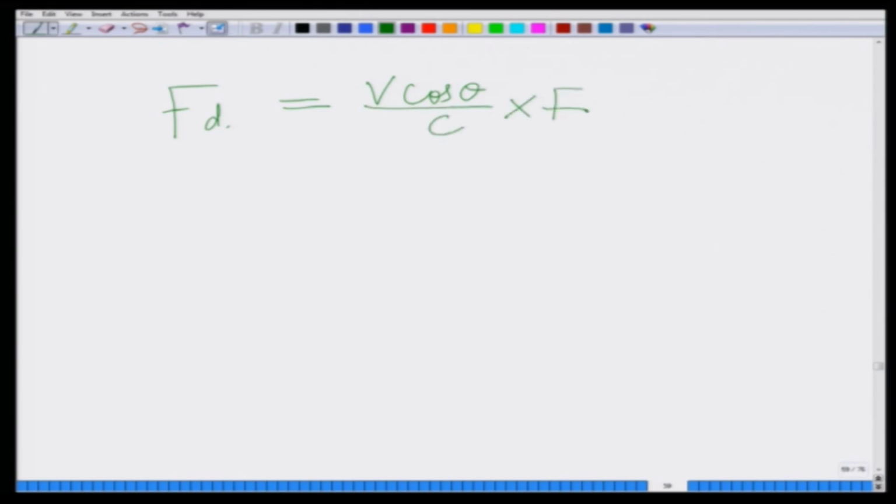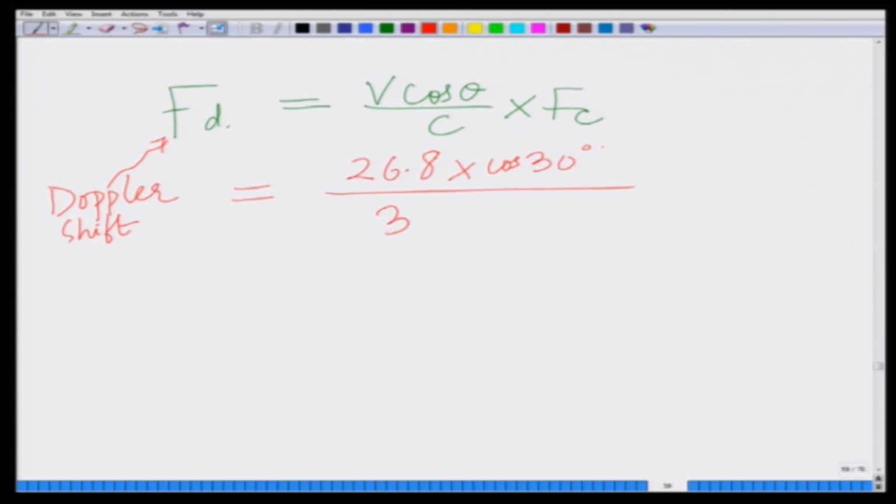Now, let us look at the Doppler shift. Fd equals V cosine θ divided by C into Fc, where Fd is the Doppler shift. This is equal to 26.8 meters per second times cosine of 30 degrees, θ is given as 30, divided by C, which is 3 into 10^8 meters per second, that is the velocity of light, times Fc, which is 1.85 gigahertz, that is 1.85 into 10^9.